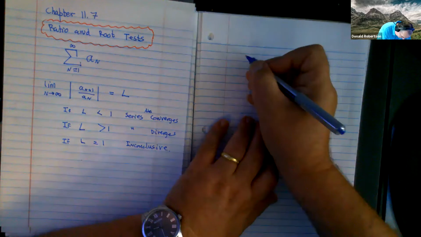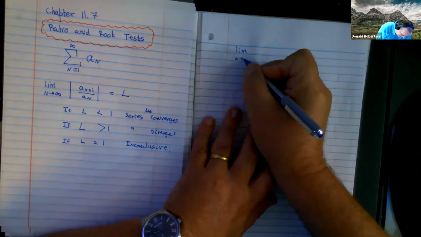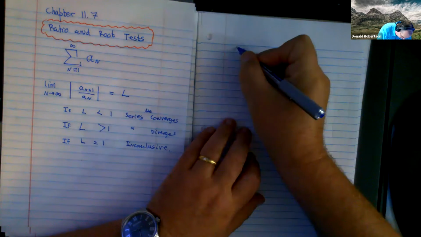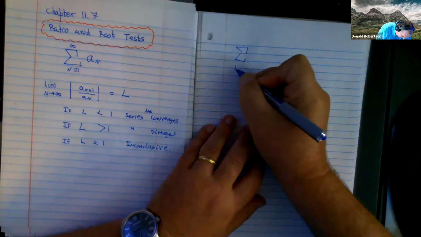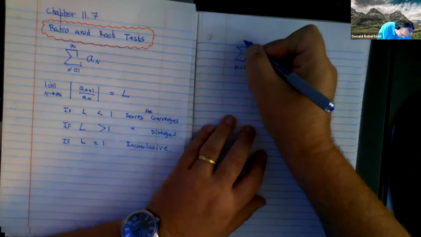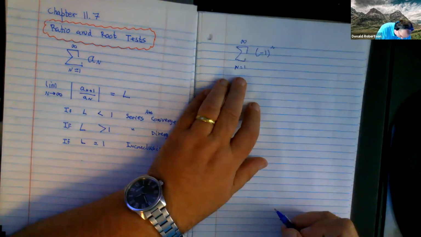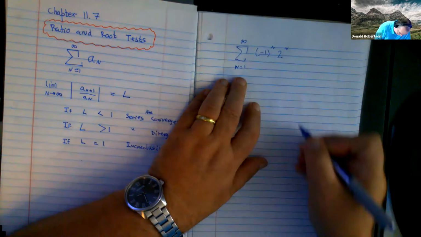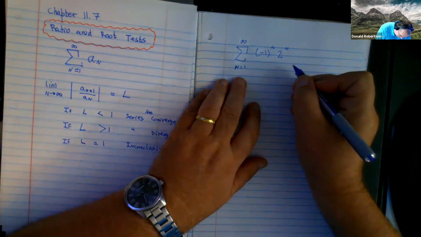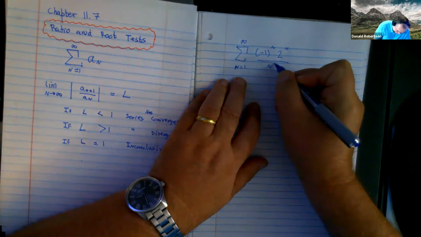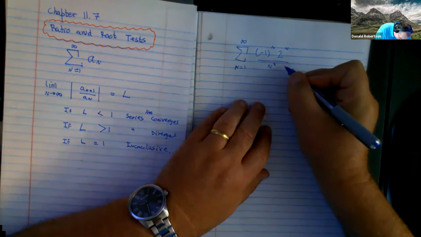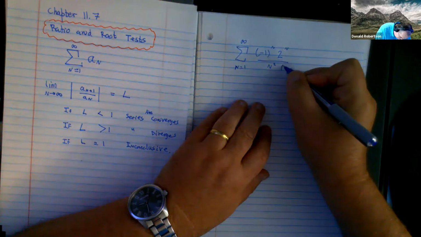Try an ugly one. Oh God, I'm going to try my own. How about this one? I'm writing down the question, how to do it first. Suppose we did this one, and I am picking this one because it's got as many things in it as you could possibly want or not want. It's got that guy, that guy, that guy, and that guy.